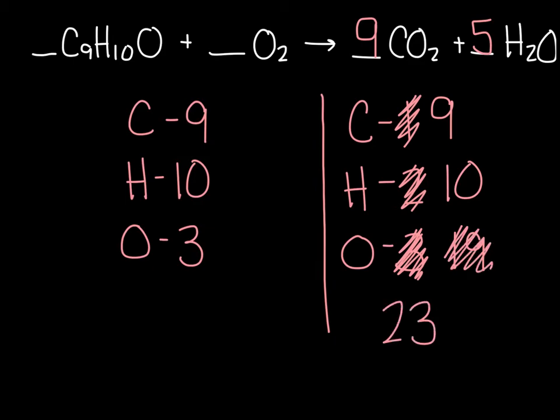Here I'm going to do something special, and that is I'm going to subtract out 1 oxygen. The 1 oxygen that I'm subtracting out comes from the one oxygen that's attached to the fuel on the reactant side. So 23 minus 1 gives me a total of 22 oxygens that I have to then account for in my oxygen gas molecule. And so 22 divided by 2 gives me a total of 11, and that should be my balanced equation.